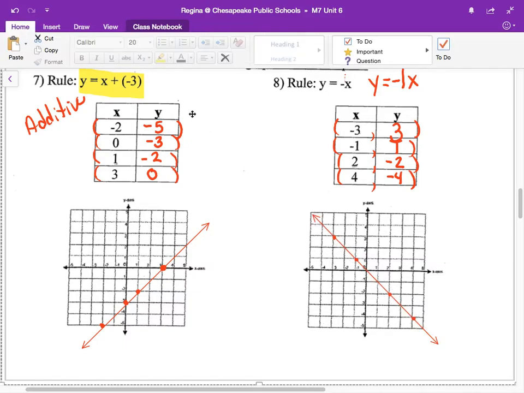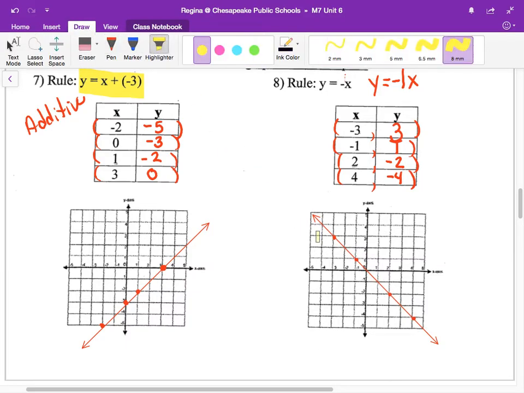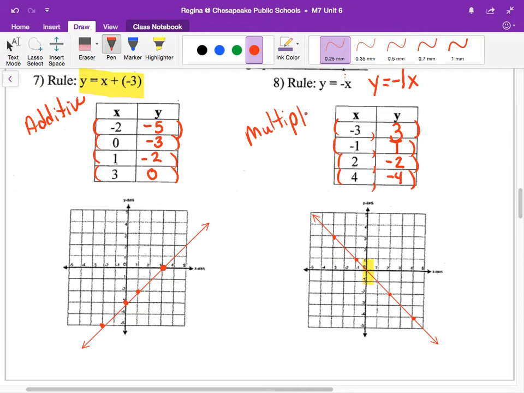They're all on the line. Do you see how it is going through the middle? It's multiplicative. It should go through the middle. This one is multiplicative, and it's going to go through the middle. Right there. Through the middle.